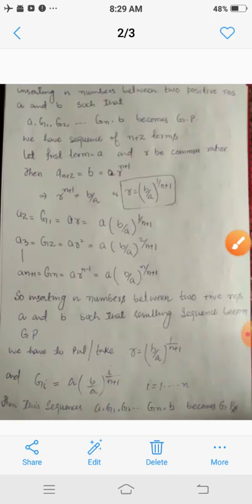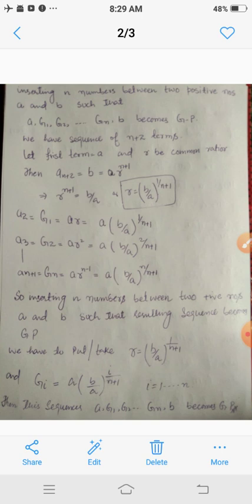Now, as in arithmetic progression we insert n numbers between any two numbers such that the given sequence becomes an arithmetic progression, here we will also insert n numbers between two given positive numbers such that the resulting sequence becomes a geometric sequence.